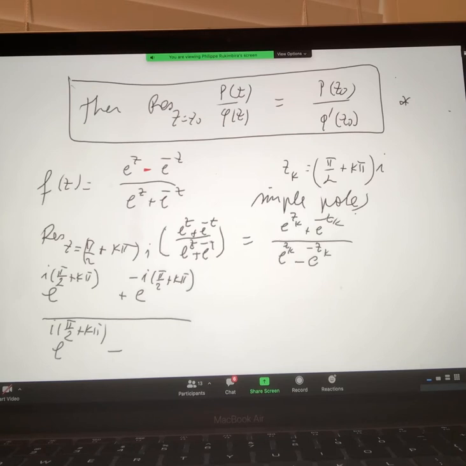All right? And if this is the case, then we don't have to do much. We're going to have e^(ik) minus, so numerator and denominator are the same. I don't need to do any work. This is 1.